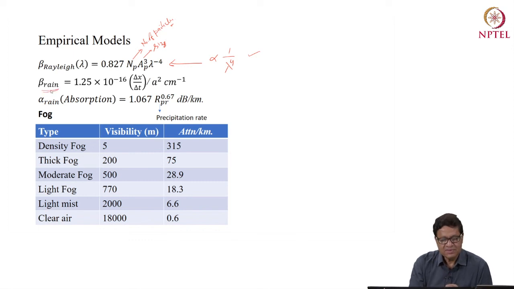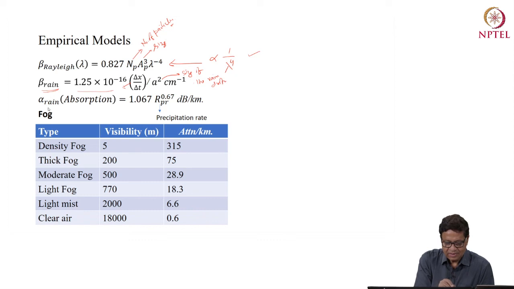The coefficient because of the rain is given by this. This is the average size of the raindrop, and this is the velocity of the rain. So this coefficient is given by delta x by t, which is the velocity, divided by the average size of the rain droplet.